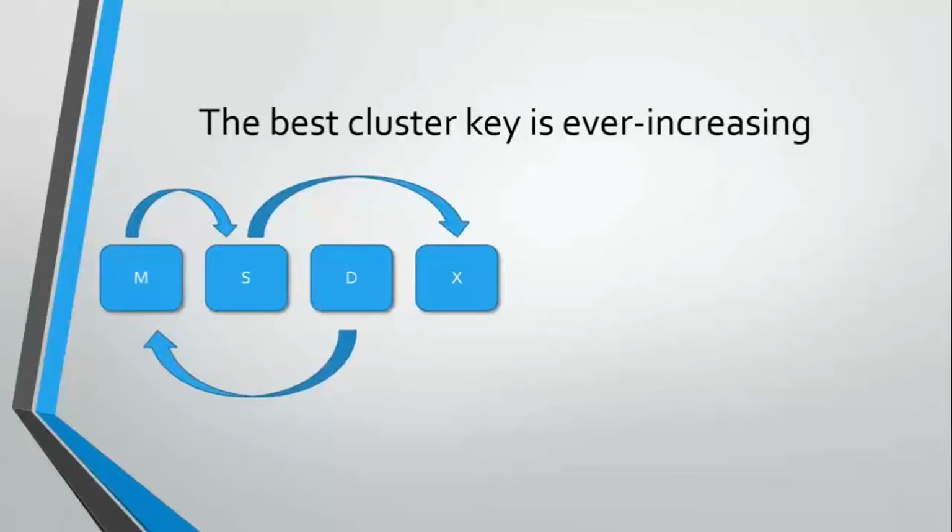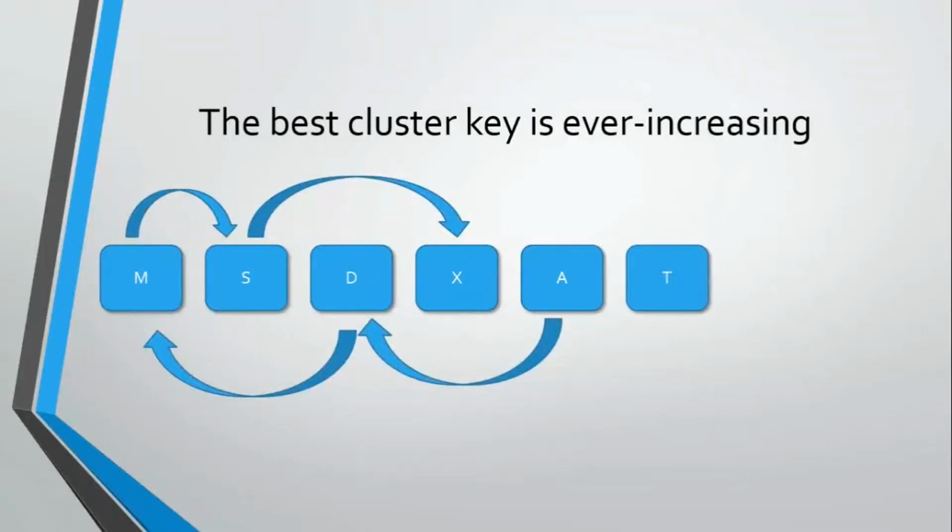The cluster key will create pointers all over the place if it has to, but if you insert your data in the same order as the cluster key, you'll have a lot fewer problems with fragmentation. So let me show you what happens. After I have my X, I'm going to insert an A, and A has a pointer to D. Now I'm going to insert a T. Well, you can see a problem.